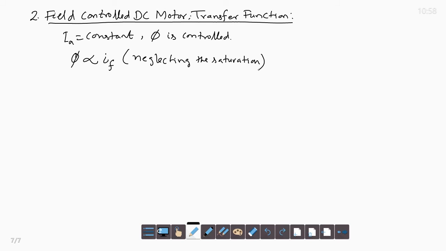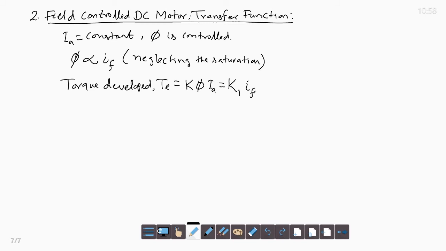So, accordingly, torque developed TE is K phi IA equals some constant K1 times the field current IF, because IA is constant and phi is proportional to field current IF.